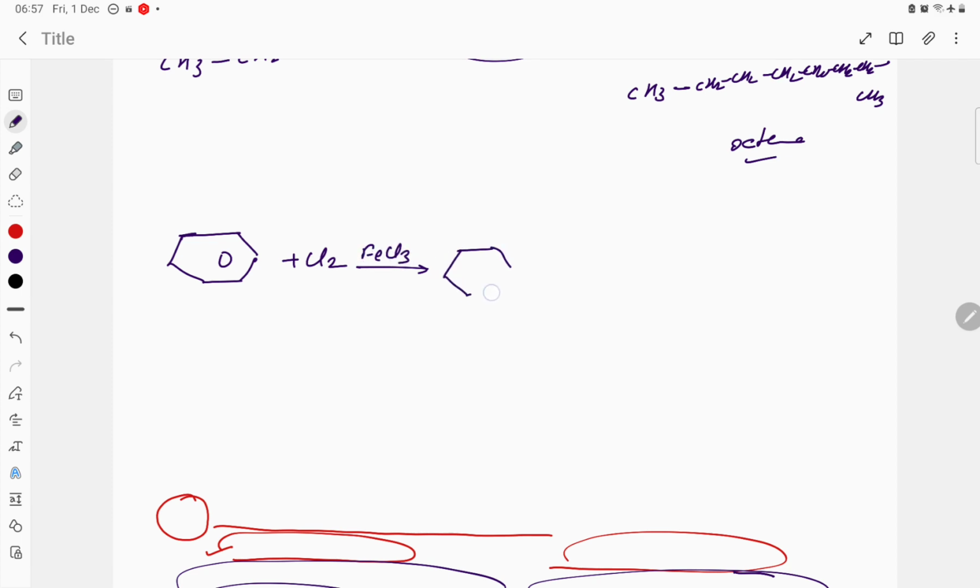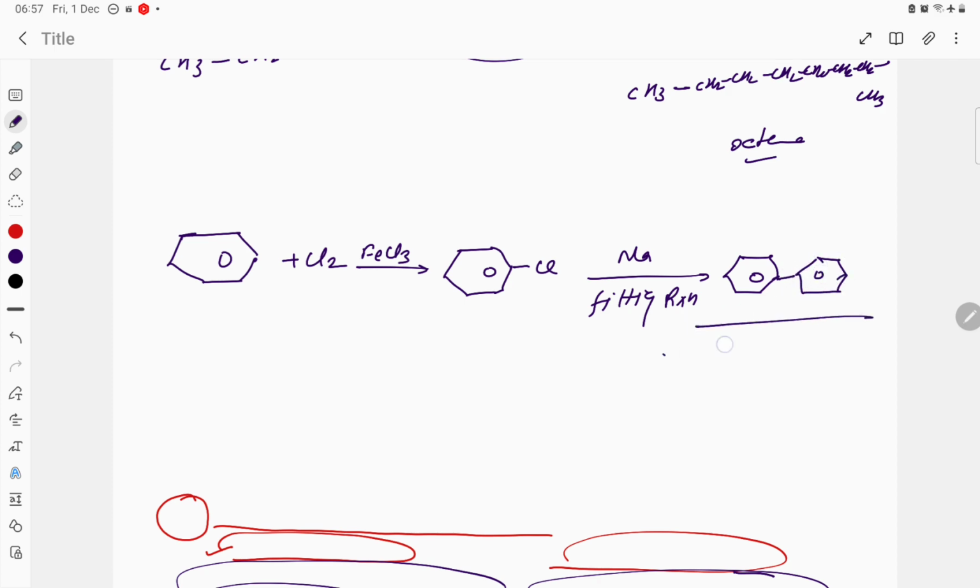Dear student, what will be the product? Here is the Cl. You take 2 molecules, student, and treat with sodium. This is going to be the Fittig reaction. So what is it going to give, student? This is the biphenyl. This is our required product, student.